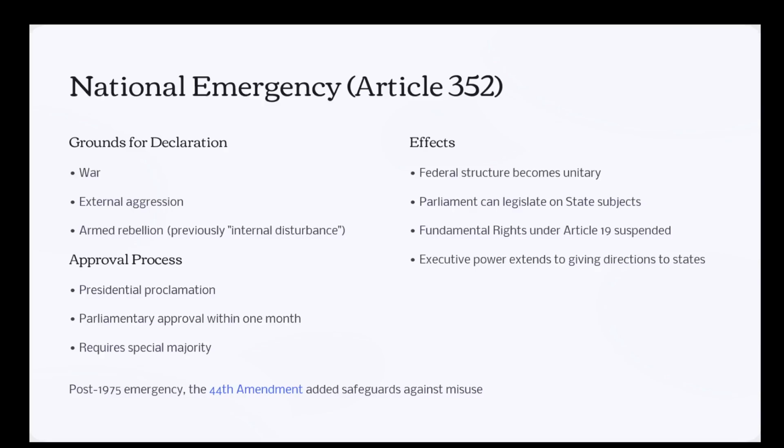The federal structure becomes unitary, Parliament can legislate on state subjects, fundamental rights under Article 19 are suspended, and executive power is extended to giving directions to the states. So after the 1975 emergency, the 44th Amendment was added to safeguard against misuse.